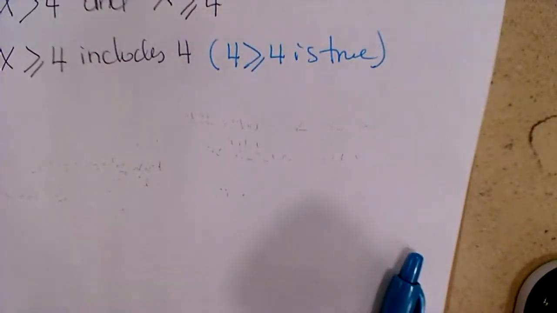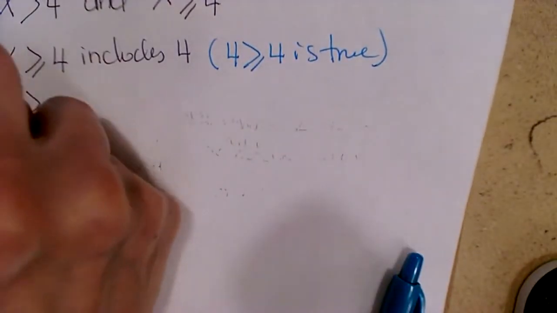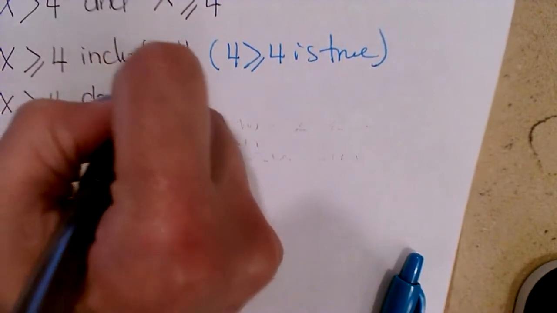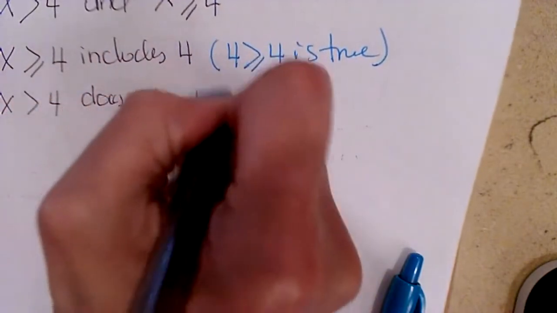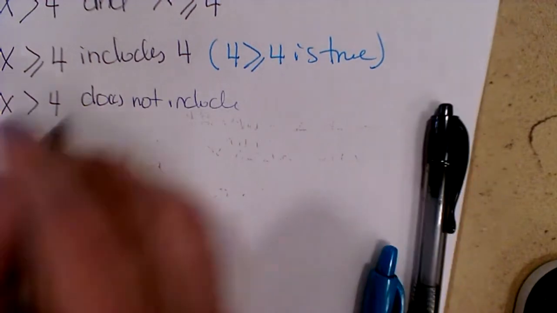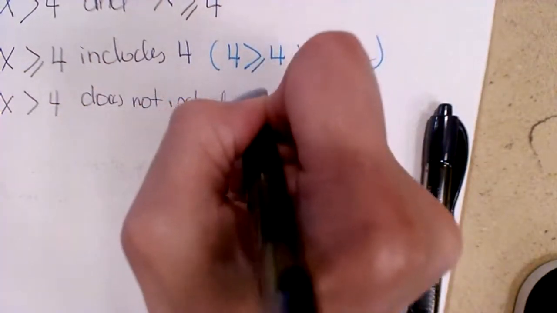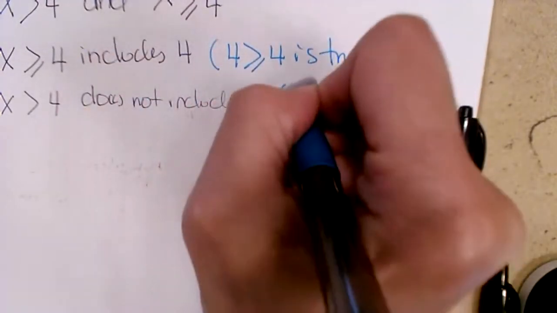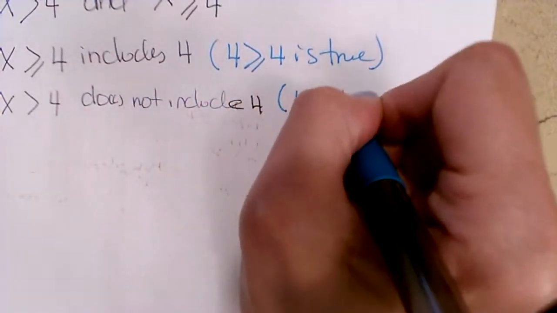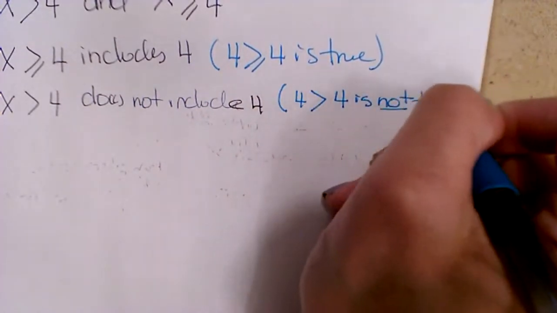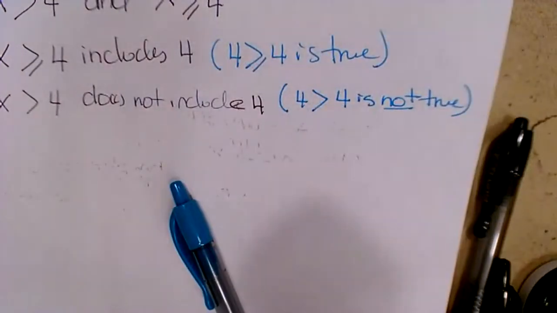This is true. And x greater than 4 does not include 4. So then we cannot say 4 greater than 4. This is not true. Okay?